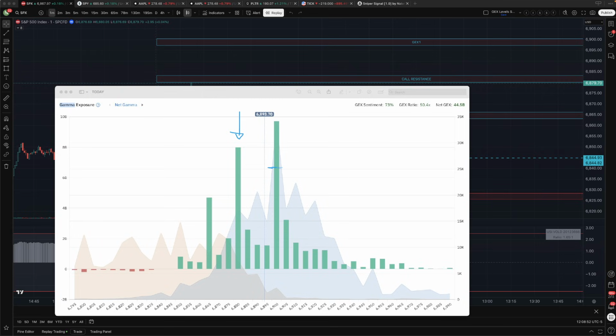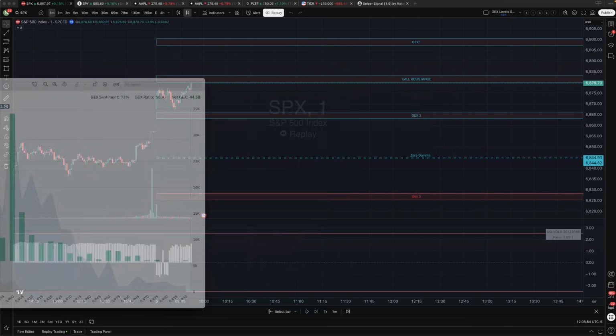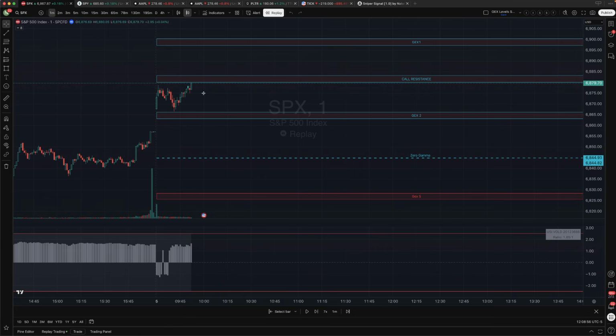So what I was watching was if price moves up above that and comes back down in, if that stayed as our primary gamma exposure level the whole day, we probably would have hovered above and below this level throughout the day, probably more swingy.